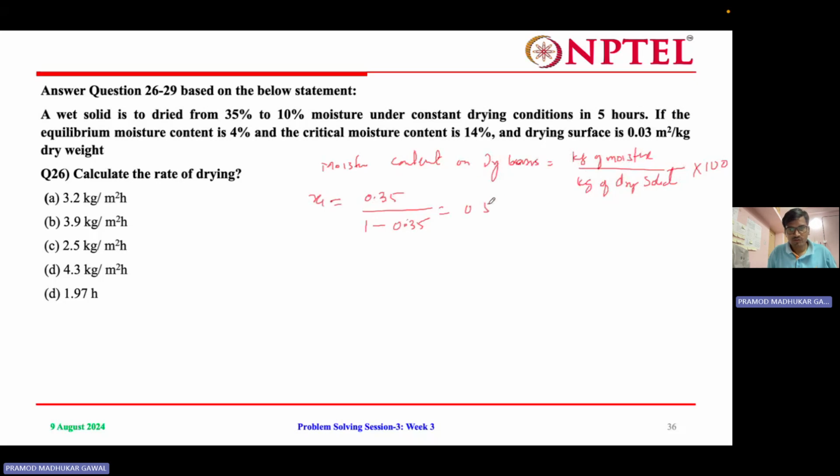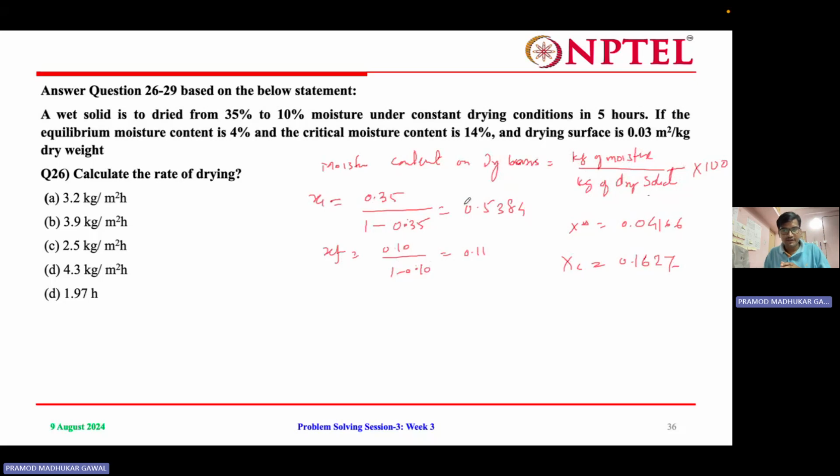It is 0.5384. Similarly, Xf is 0.10 over 1 minus 0.10, equal to 0.11, and X star is equal to 0.04166, Xc is 0.1627.